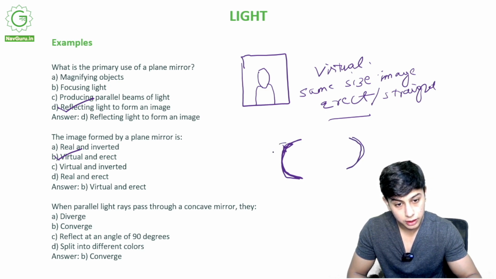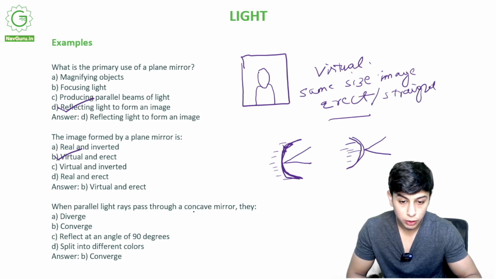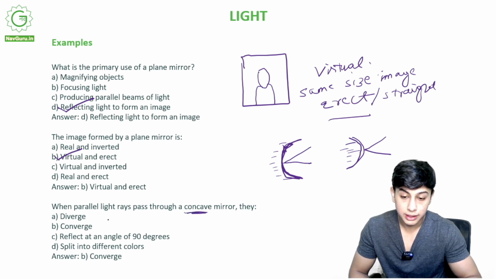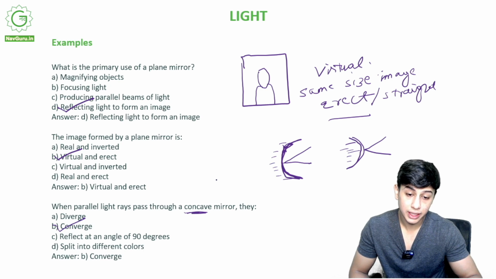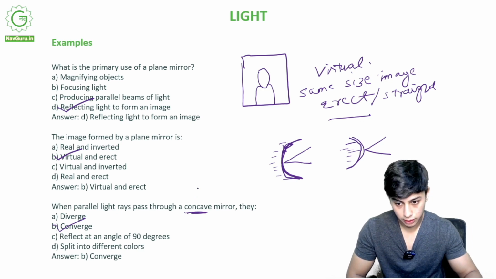This would be the surface, light will come over here. So in a concave mirror, the light rays will converge. But in a convex mirror, they will diverge. In a concave lens, they will diverge. In a convex lens, they will converge. Alright.